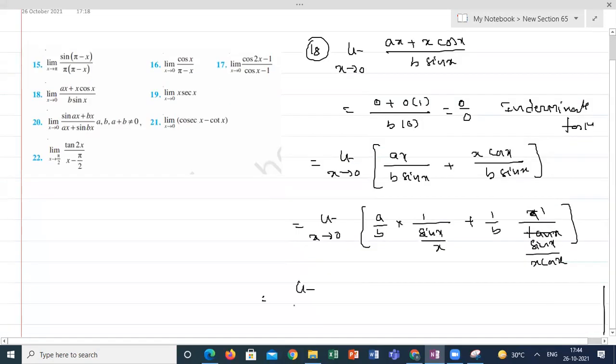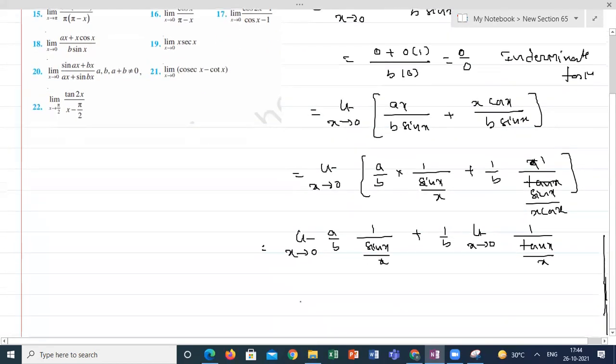And now I am applying the limit separately. Limit x tends to 0, a by b, 1 by (sin x by x), plus 1 by b into limit x tends to 0, 1 by (tan x by x). Now it is simple. The first one's answer is a by b into 1 by 1 plus 1 by b into 1 by 1, since limit x tends to 0, sin x by x is 1.